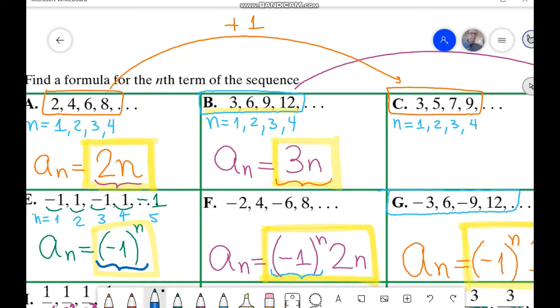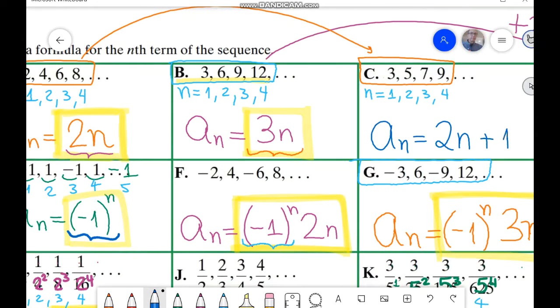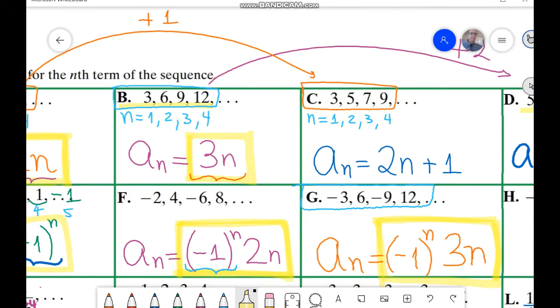So we can write this as a_n equals, the sequence from letter A is 2n, so 2n plus 1, right? This is going to be letter C. And don't worry, I know today is hard, it's a bit hard. You got it almost right.